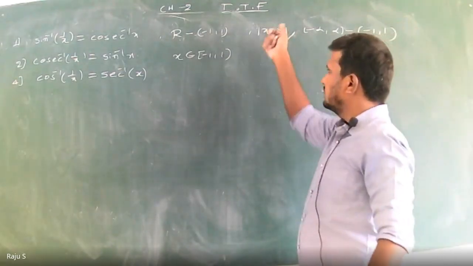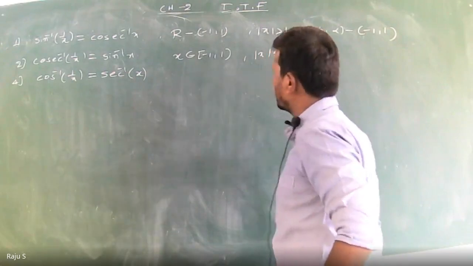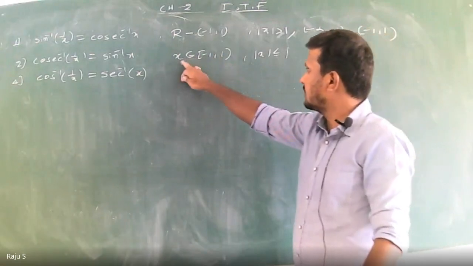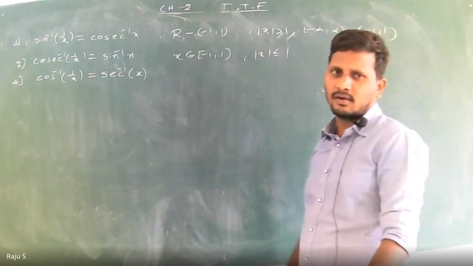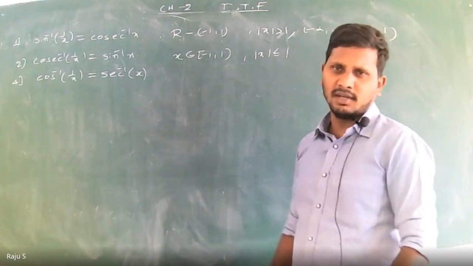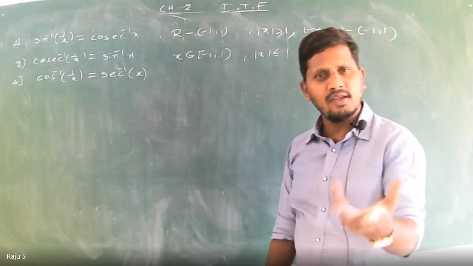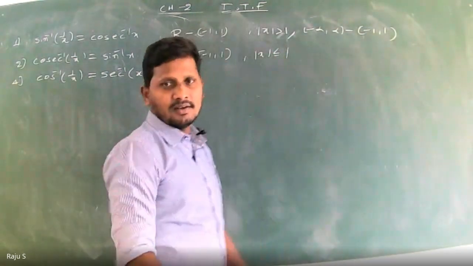Simply you can write like this also. Here you can write mod x lesser than or equal to 1. You can represent x belongs to minus 1 comma 1 or else mod x lesser than or equal to 1. Both will give same meaning. This we can represent in three ways. Any one of the ways you can write. But remember that all three cases are equal.